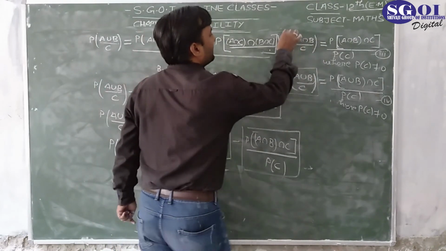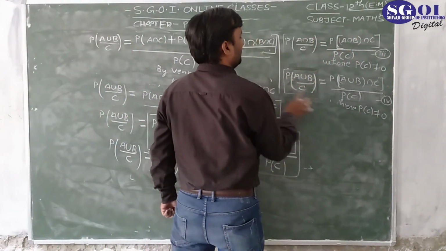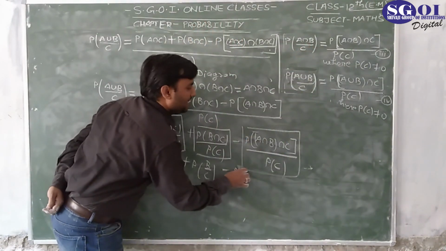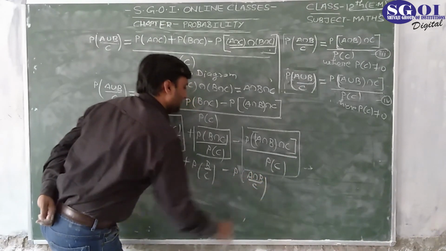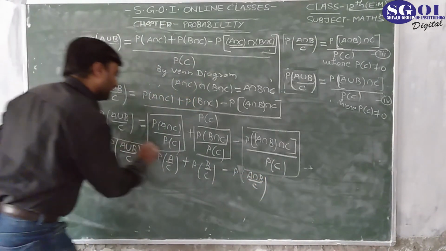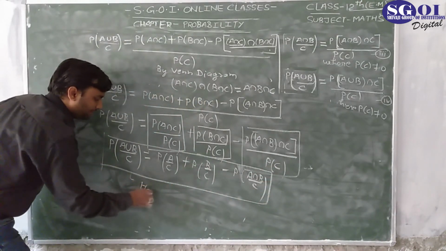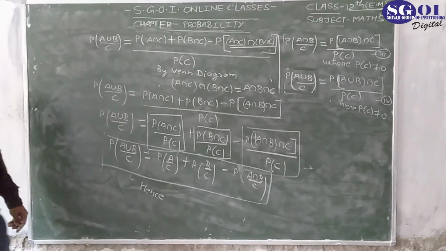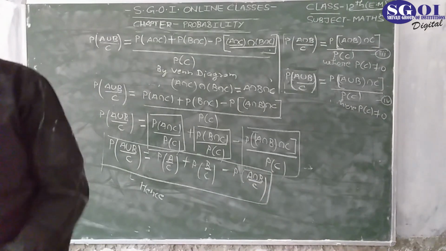From equation 3, this portion is equal to probability of A intersection B by C. So here comes the proof of this theorem. I think you are understanding this theorem. But the important thing is the Venn diagram for this situation.